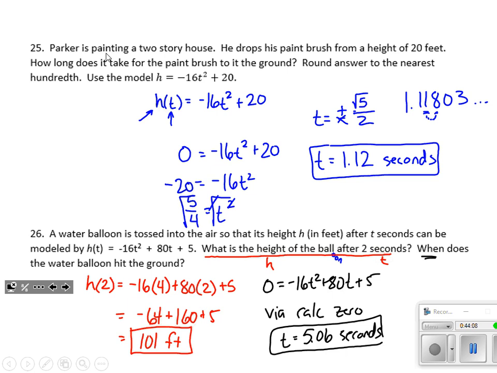You could have used quadratic formula there, like I said, and it looks like since we got 5.06 it's actually not factorable. Although our axis of symmetry came out nice even at that 2.5, our zeros did not. But yeah, we're more than welcome to use Calc 0. If you used the quadratic formula program we wrote in our calculators, you could say via Calc quad form or something like that. That would also suffice as an answer.